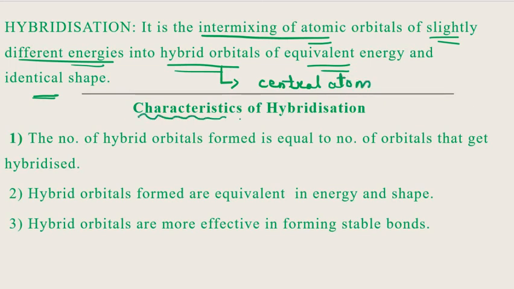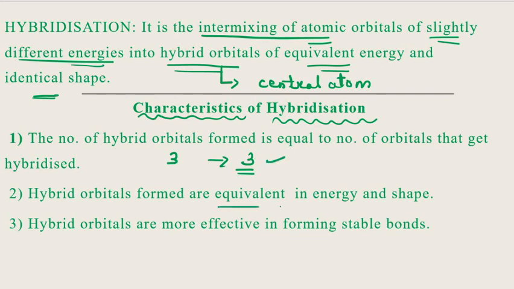Now let us see the characteristic features of hybridization. First, the number of hybrid orbitals formed is equal to the number of orbitals that get hybridized. That means if we mix 3 atomic orbitals, we will get 3 hybrid orbitals.